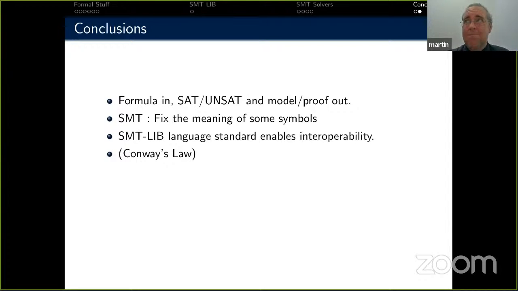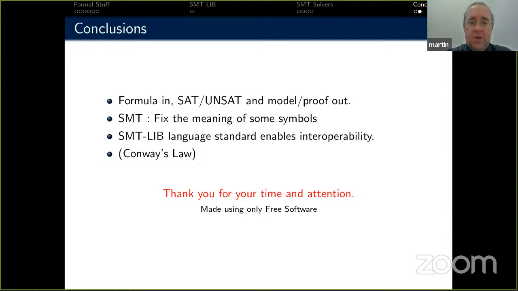I don't want to say we're unique in that, but it makes life so much easier and allows people to be way more productive. Also, Conway's Law. Think about it. Right, so thank you very much for your time and attention.